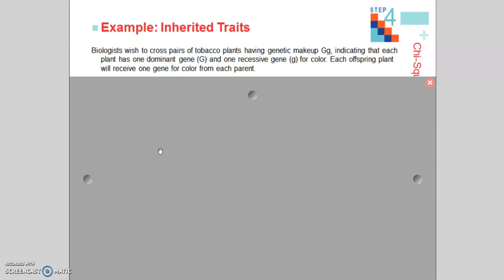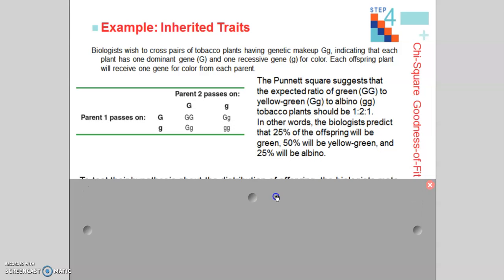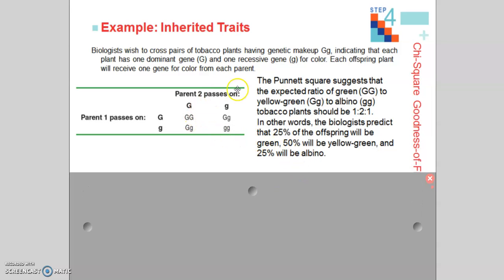and one recessive gene for color, and then each offspring plant will receive one gene for color from each parent. So if you remember Punnett squares, here are the possible results. Now this square suggests the results are, 1/4 of the time we'll get capital G, and 2/4 of the time we'll get one of each, and 1/4 of the time we'll get lowercase g.